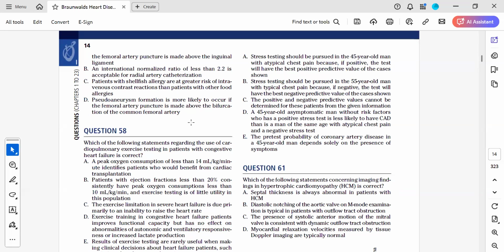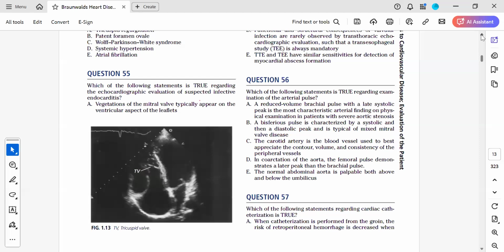Is anyone else seeing it? Just go to the previous one and come back. Let me see whether I can see it. Do you see it now?